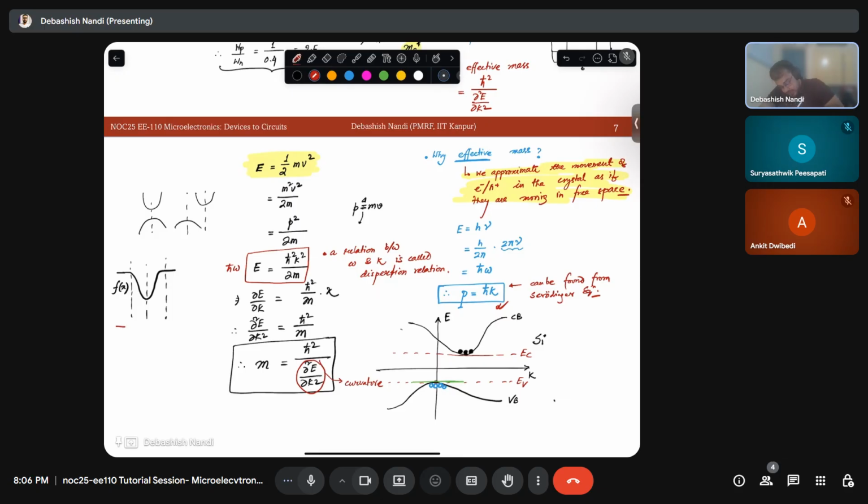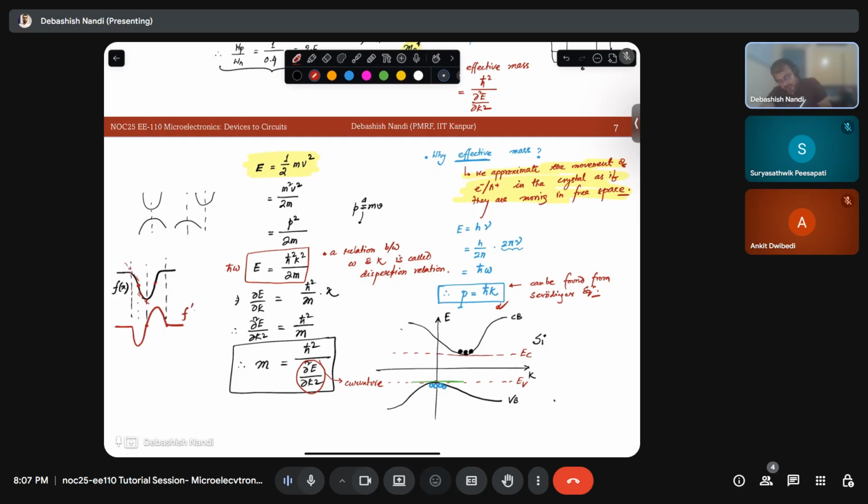This will be 0, constant. Then here also you will have 0 and here also you will have 0. But in this case you will have a positive slope. In this case you have a negative slope. So your slope is first increasing, then decreasing. Here it is the maximum. So you will have something like this.